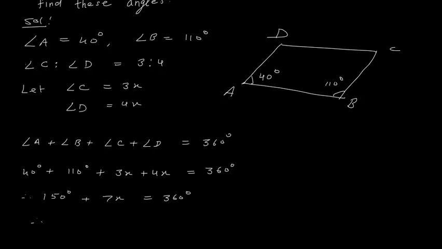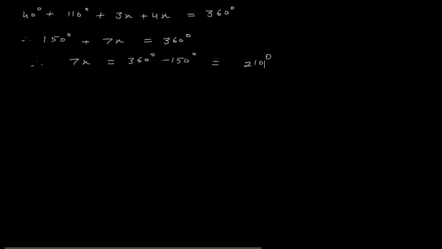So 7x is equal to 360 minus 150, which is 210 degree. So 7x is equal to 210 degree. This gives me the value of x as 210 divided by 7 is equal to 30 degree.